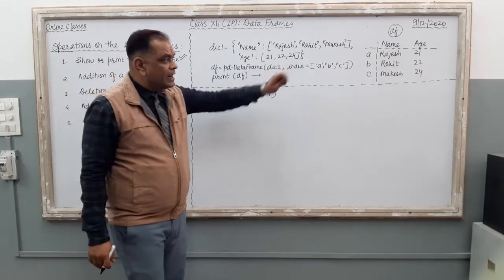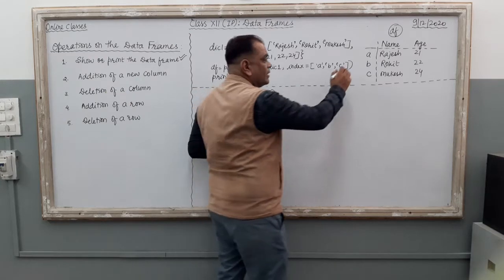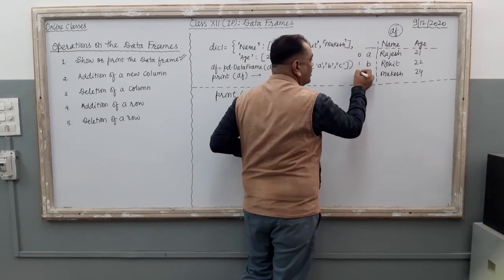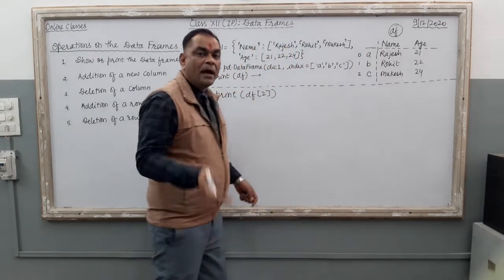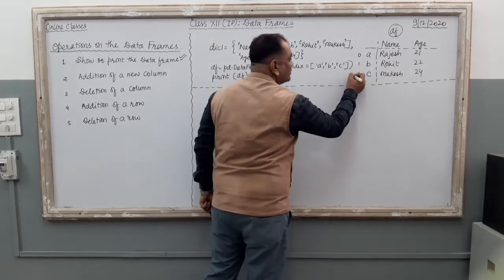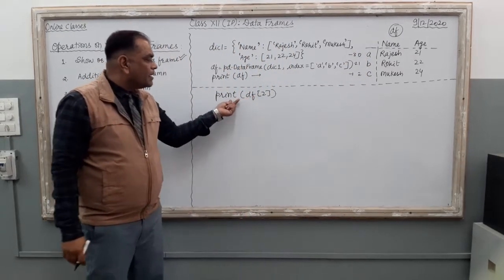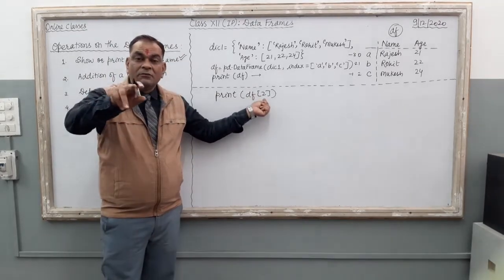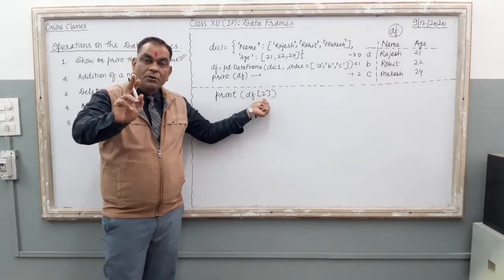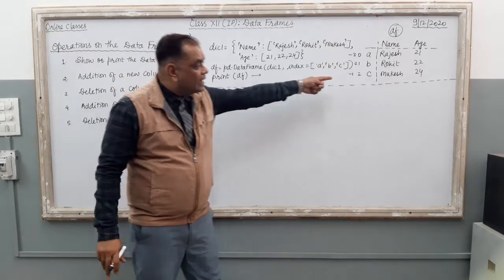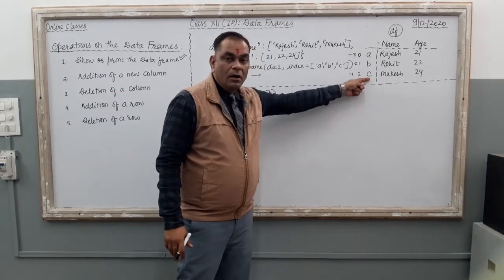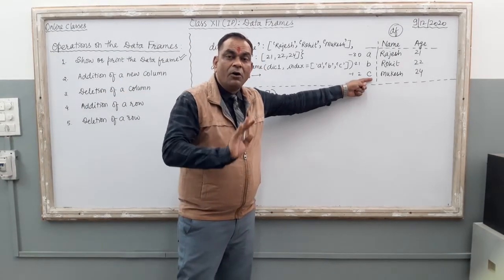Here, if you see the data frame, the forward indexing of this frame is 0, 1, 2. Backward indexing is -1, -2 and -3. If I supply the command print(df[2]), the computer shows the second position row on the monitor, right?